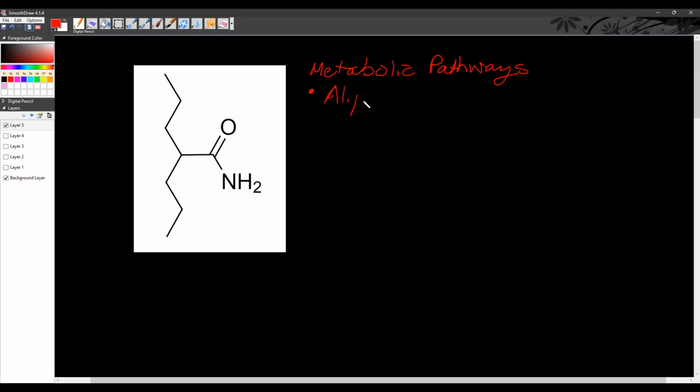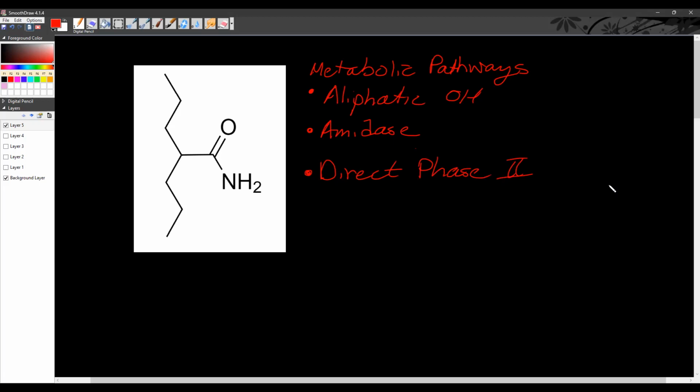So we have aliphatic, I would agree, 100%. Look at those nice big chains. Some people are saying amidase. And we have direct phase 2. This is where the complicated part about amidase comes in.